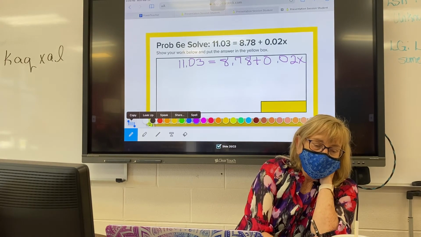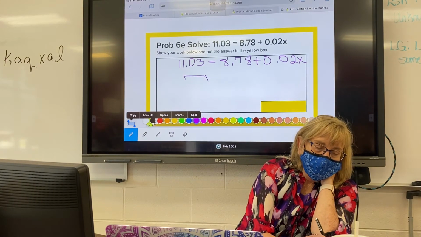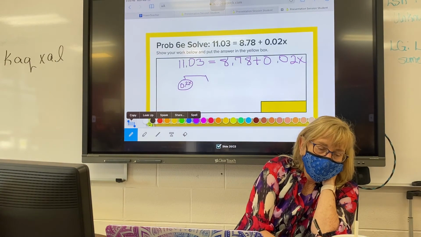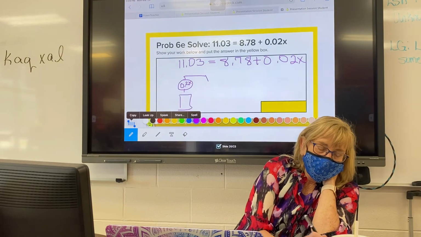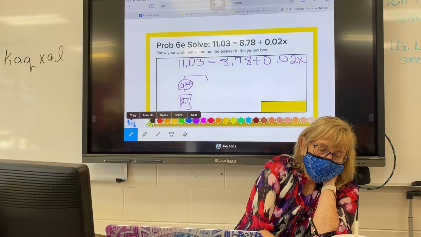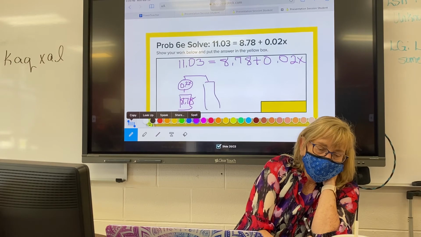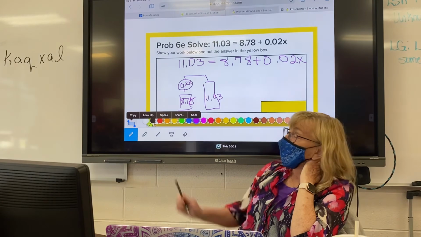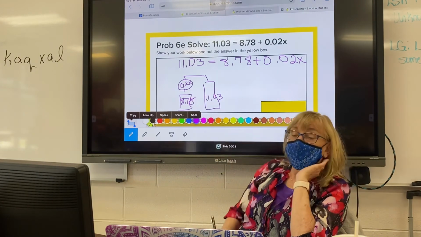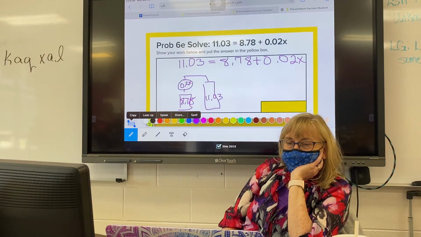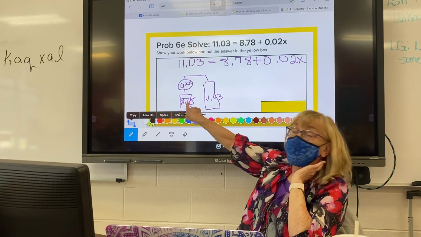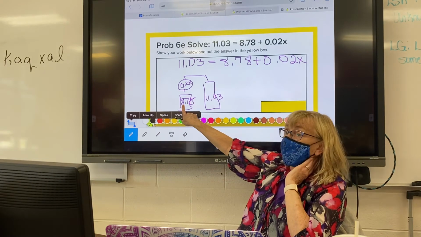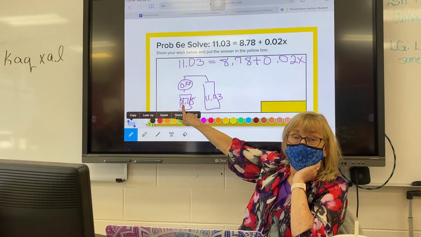If I was to draw this as a hanger diagram, I'd have 0.2x here, and then hanging with it, I would have 8.78. And then on this side, I'm gonna have 11.03. So what needs to go away before I can divide? Does this need to go away? So how are we gonna make positive 8 and 78/100 go away?